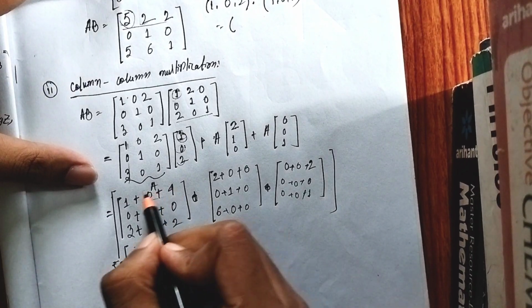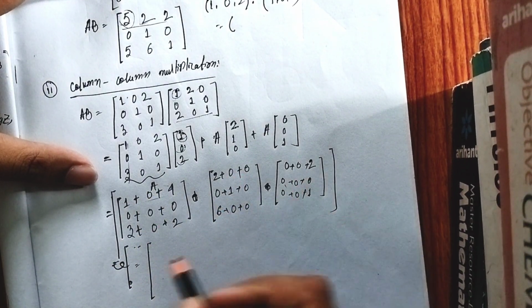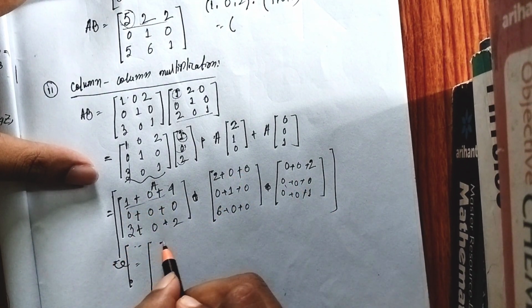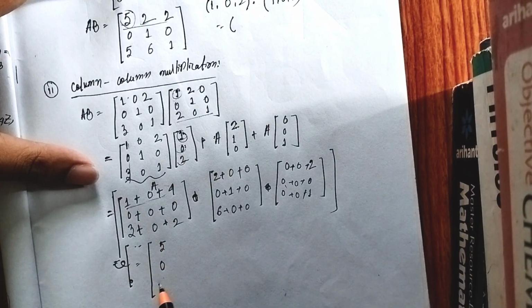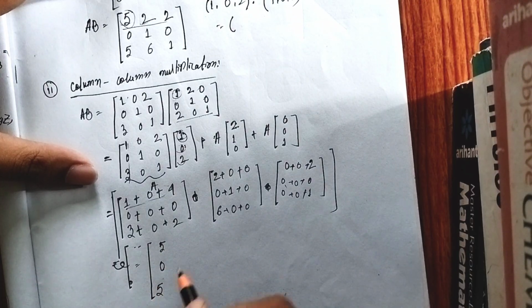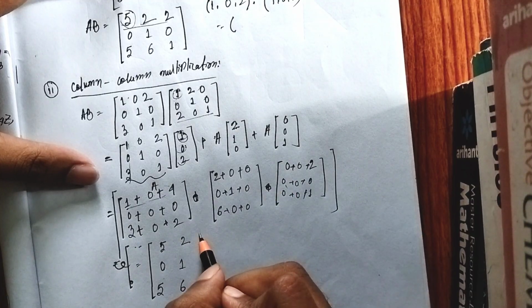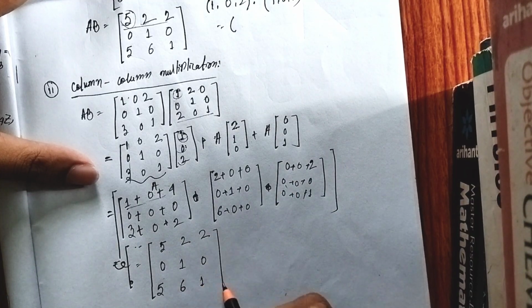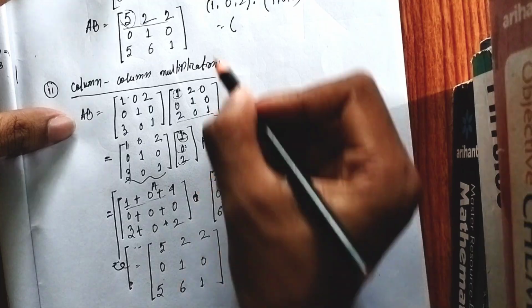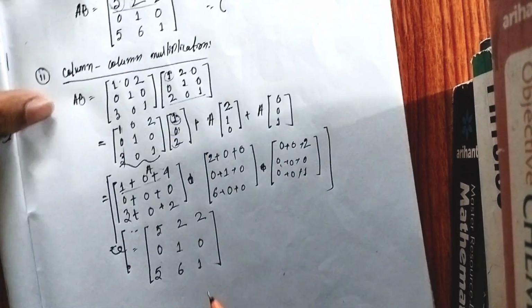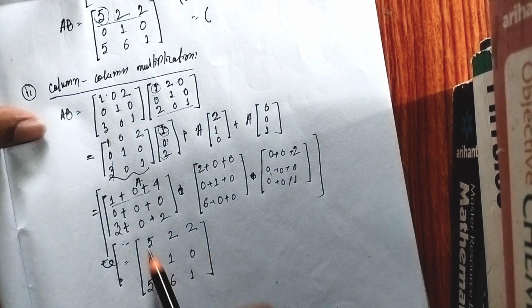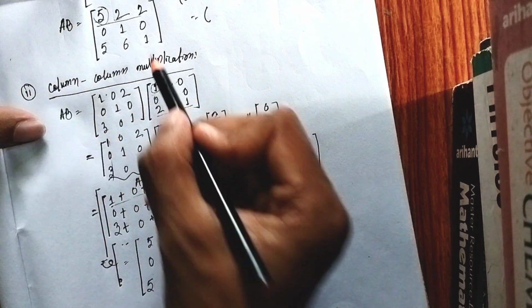This one is the first column, this one is the second column, this one is the third column. So the first column is 5 0 5, this one is 2 1 6, and this one is 2 0 1, just the same as before. See, these two results are the same: 5 2 2, 0 1 0, 5 6 1.